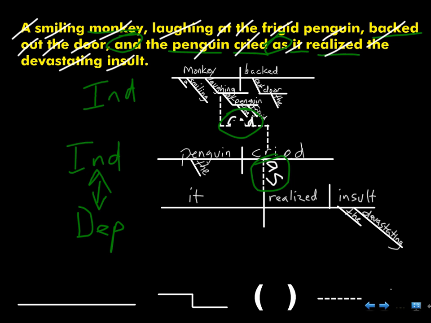But with as, you're saying this happened simultaneously. There's some linking here. But I'm just clarifying, because usually something does rely on something else, but that really is like an independent thing. Right. Even though it's not an independent clause. It says as. So it realized the devastating insult? Yeah. No, it's telling me when the crying happened, the simultaneity of these two events, or I should say one directly preceding. Realized the devastating insult could be a sentence. All clauses can be sentences.